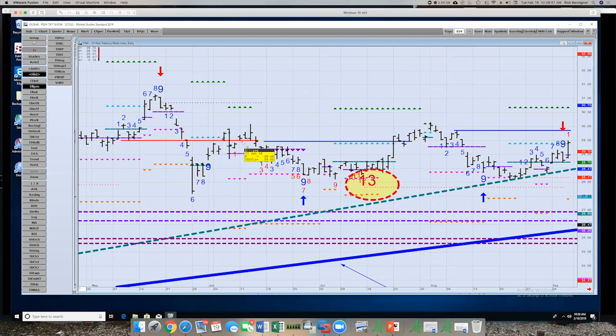Notice this day here, this day here, this day here, none of these have red numbers underneath them because none of their daily closes was beneath the low from 2 bars back. So the model just waits until you get a subsequent time that the close is less than the low from 2 bars back. And that's why this became bar 2. This is bar 3, and so on.